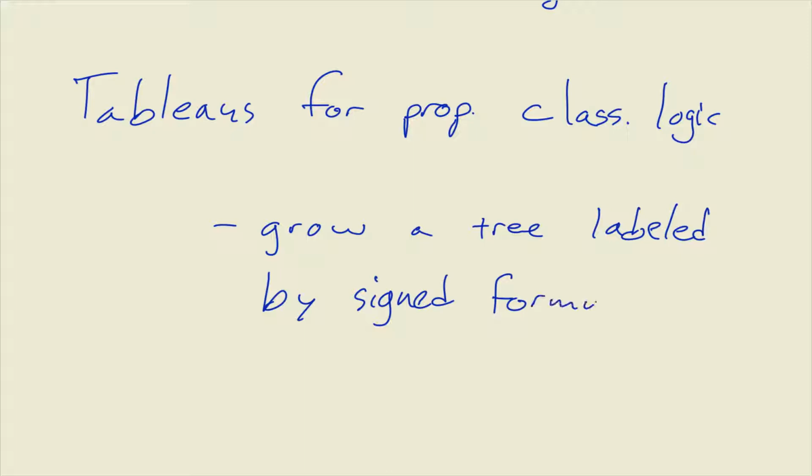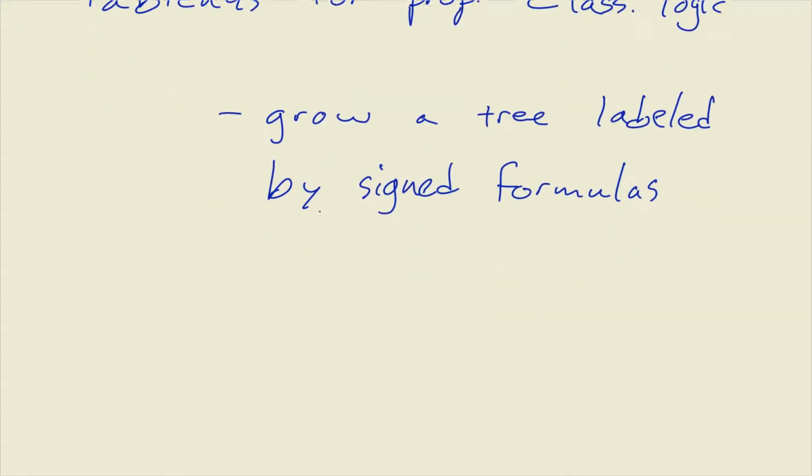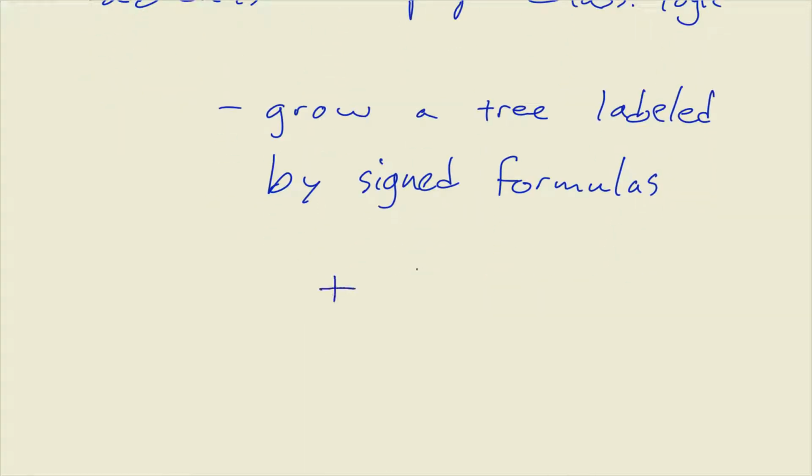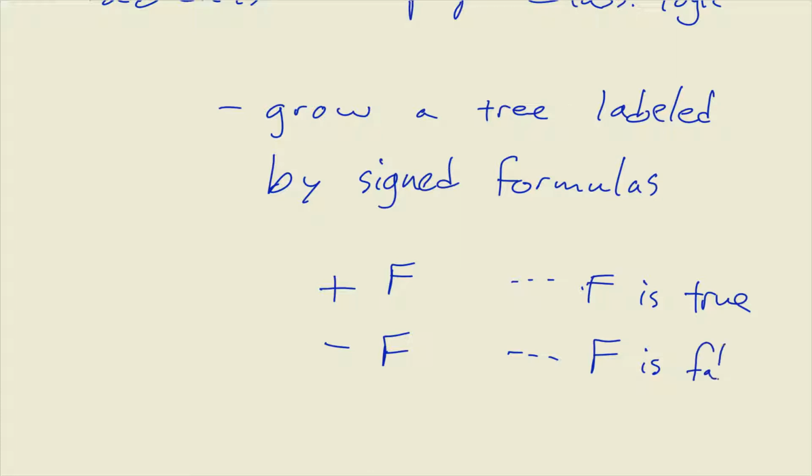And a signed formula means, like, plus F and minus F; T and F are often used for true and false. Intuitively, plus F is saying F is true, and minus F is saying F is false.